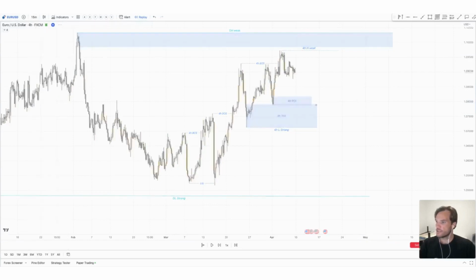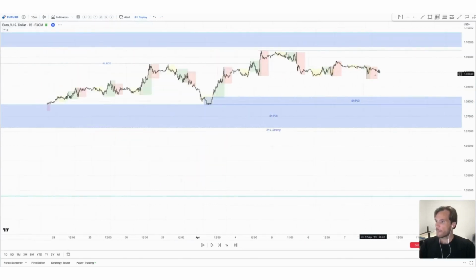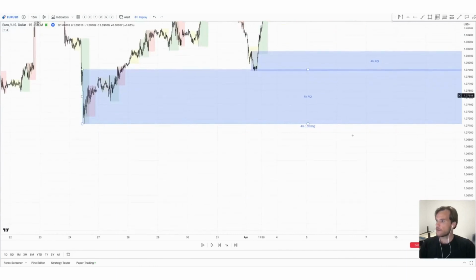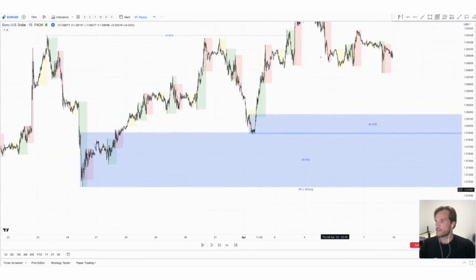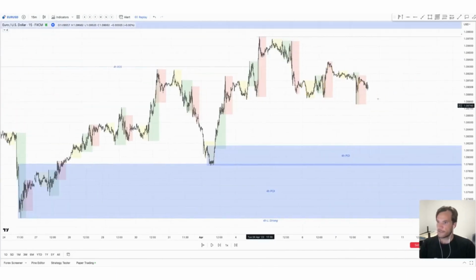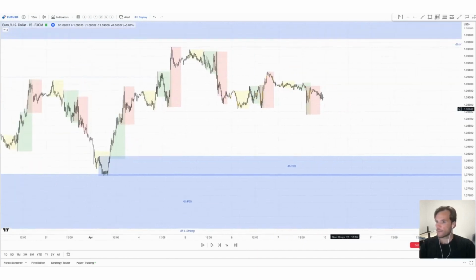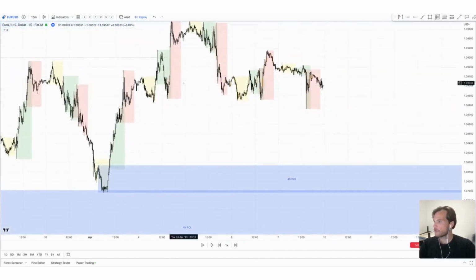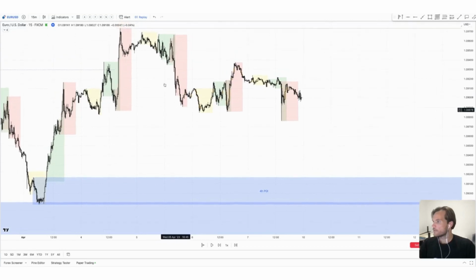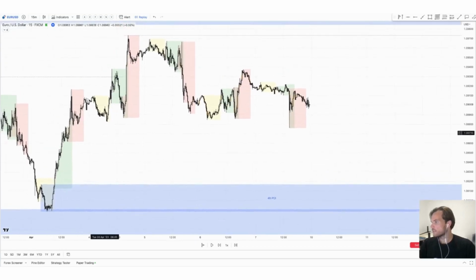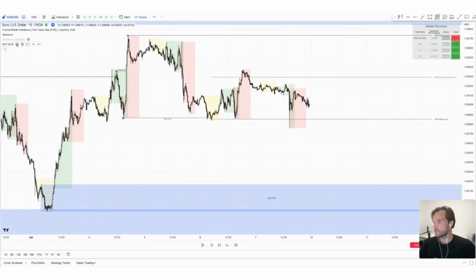Okay, now on the 15. You see that little tag here, and then we're straight off. I'd essentially say, I can show you on this, so there we go.